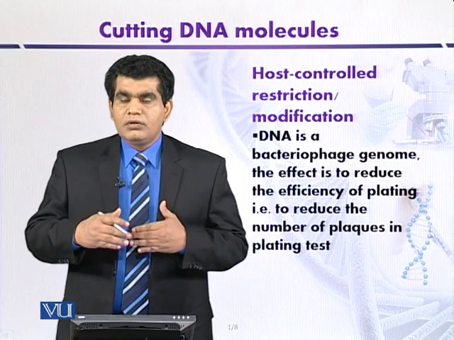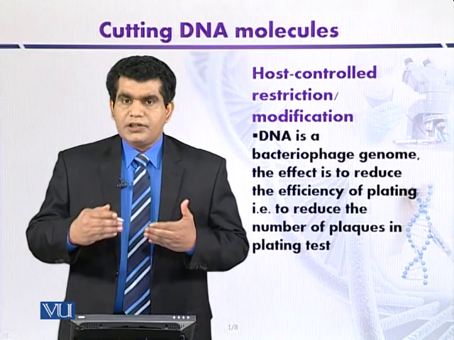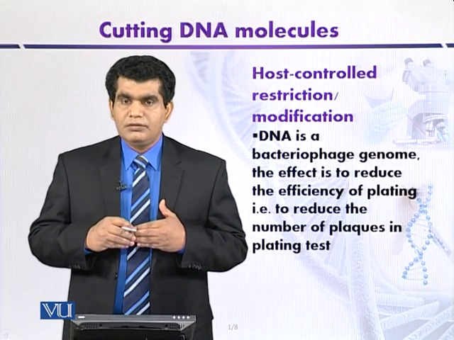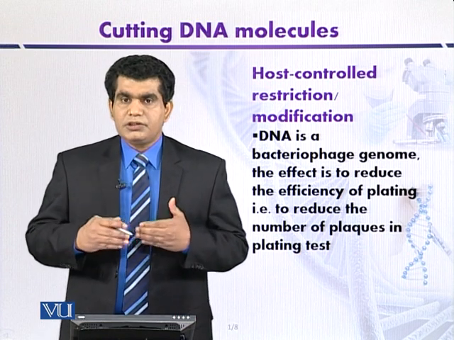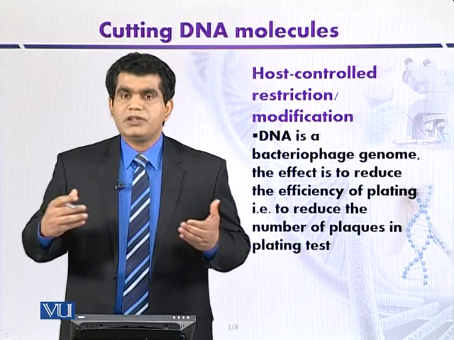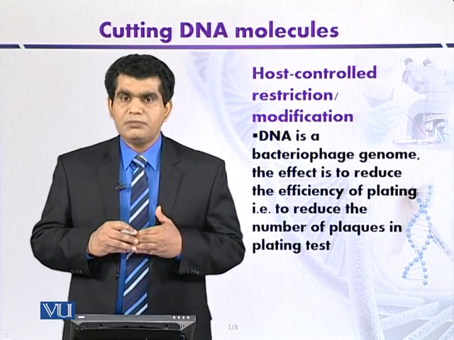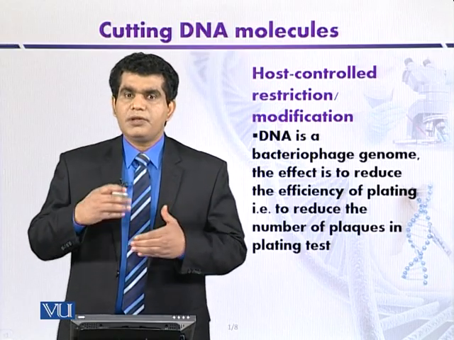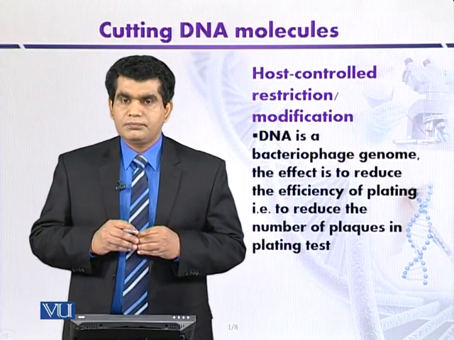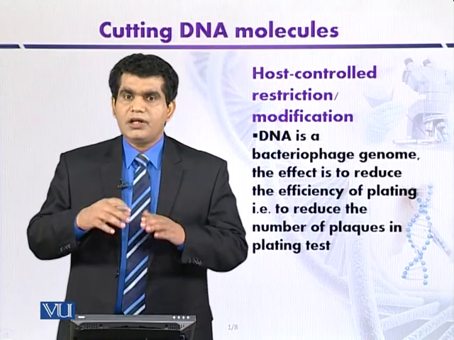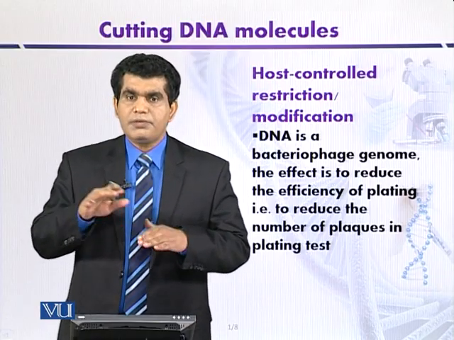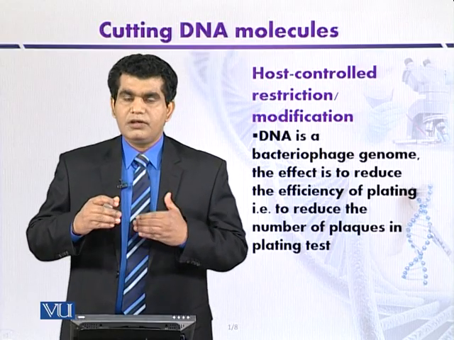Now, when a bacteriophage attacks a particular host bacterium, we can monitor the replication in terms of efficiency of plating. Efficiency of plating means the number of plaques that are produced during the lysis. Plaques are the clear zones produced on a lawn of bacterial cells after cell lysis.